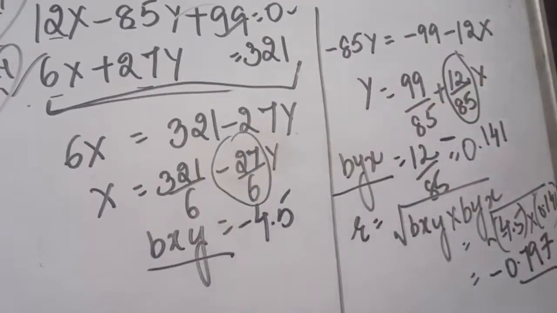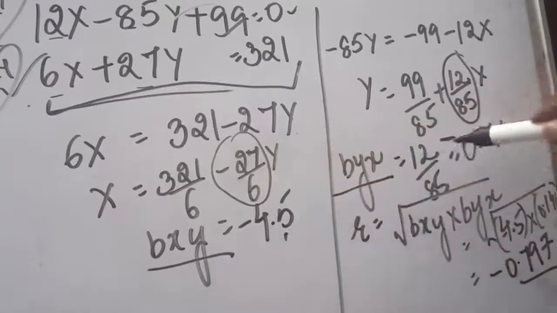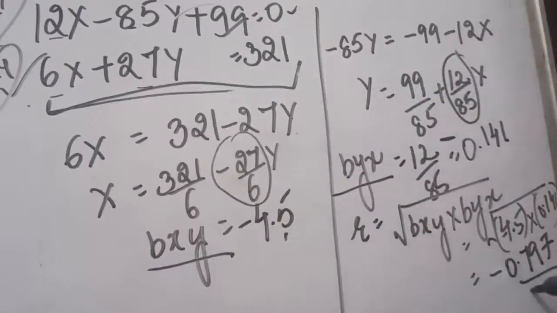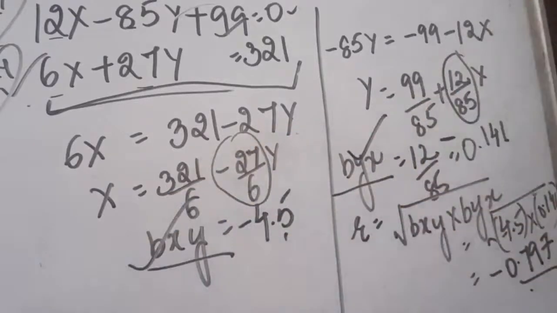So when you write the answer, you will write bxy is minus 4.5, byx is minus 0.141, because both should have the same sign, and the same will be the sign of the correlation. So our correlation comes out to be 0.797 in negative. So now we have calculated the second part of the question also, that is the regression coefficients. So these are the two correct regression coefficients.